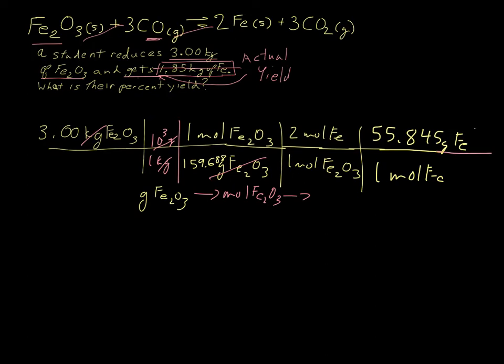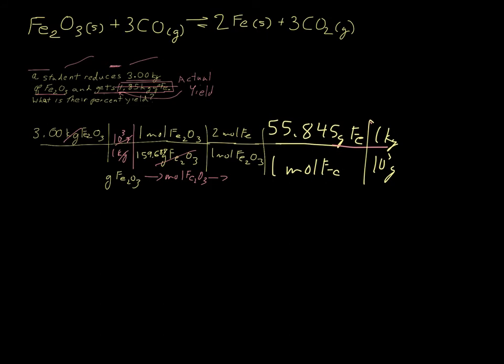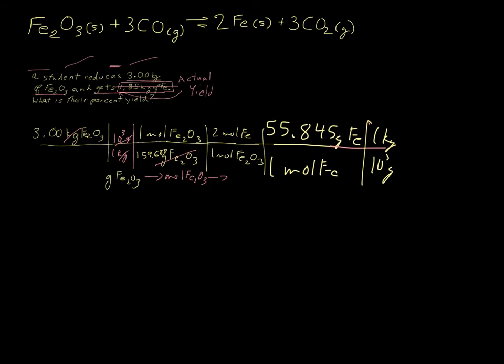Because I don't want grams. I want kilograms. So 1,000 grams in 1 kilogram there. And I've gone to moles of iron, and then from moles of iron to grams of iron, and then last I'm going to kilograms of iron. So I multiply everything on top, divide through by everything on the bottom.